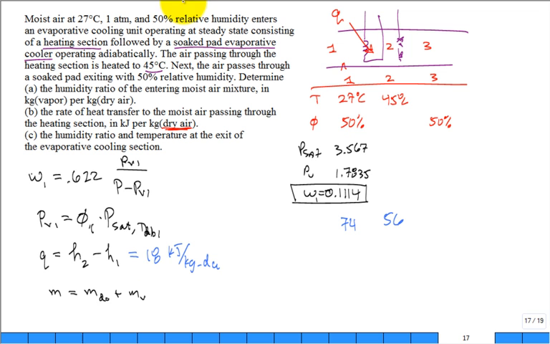So the mass of the mixture is equal to the mass of dry air times 1 plus the humidity ratio. Does that equation look good? So if I wanted to multiply by the mass of dry air divided by the mass of the mixture, then I would take this 18 and multiply by 1 over 1 plus omega. Did I do that right? Yeah. And there you go.